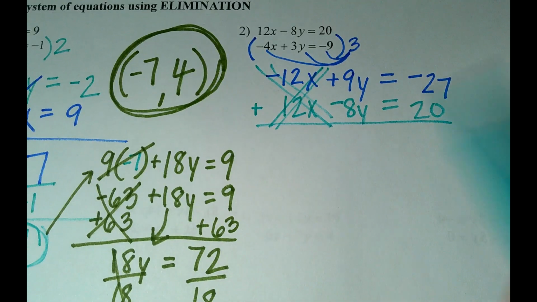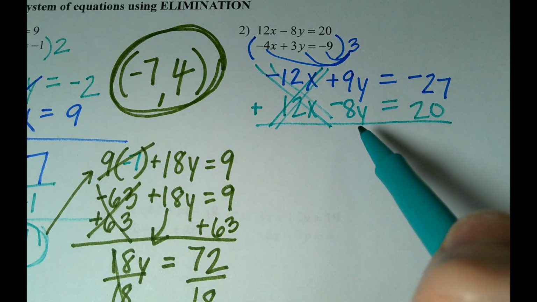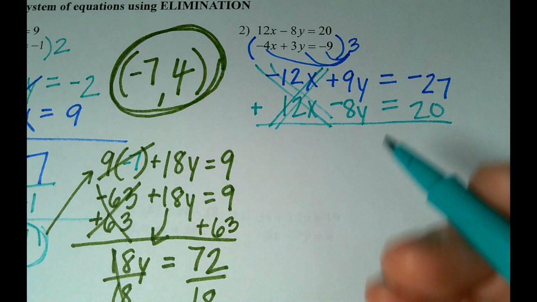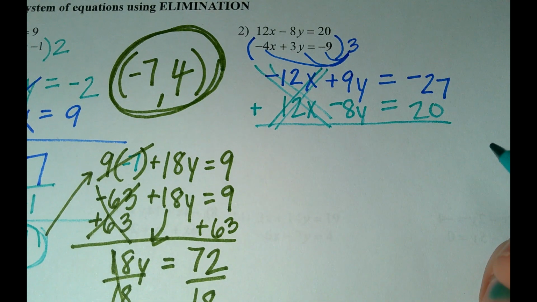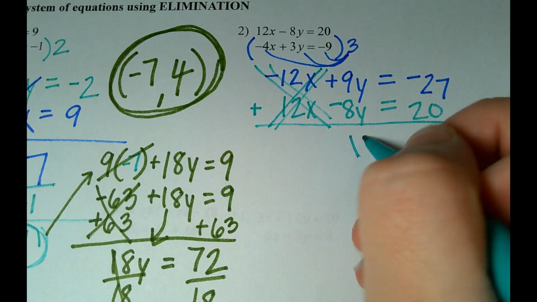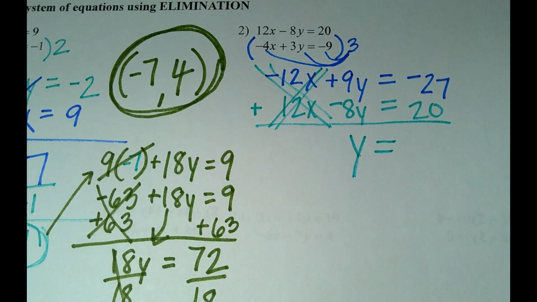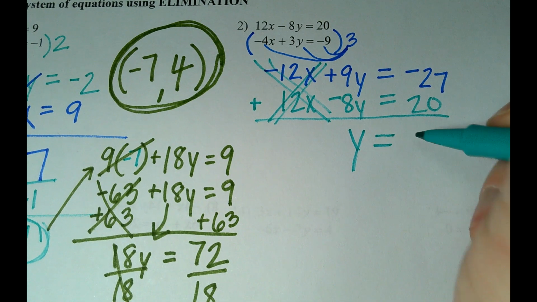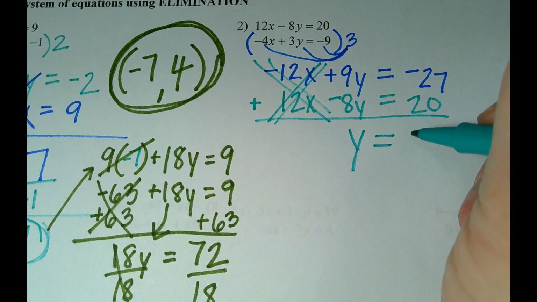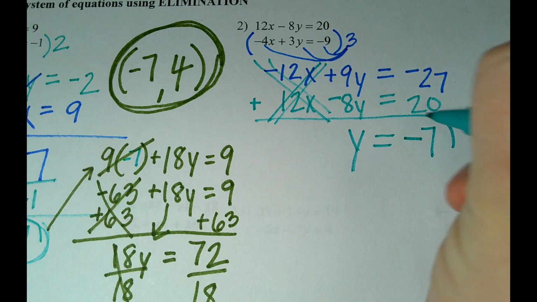Okay, so moving on, now I have 9y plus negative 8y. What does that give me? Y. Perfect. So I'll drop down my equal sign. Negative 27 plus 20. What's that? Negative 7. Good.